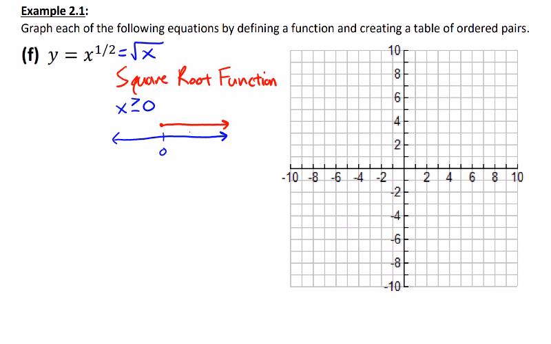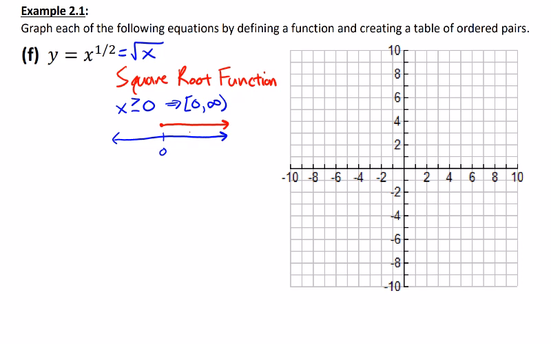How does that look as an interval? As an interval, we would write this as 0 to infinity. That's what we're going to use as the domain, not all real numbers, only the real numbers that are greater than 0 or equal to 0. So for the function definition, we'll make sure that we incorporate that.